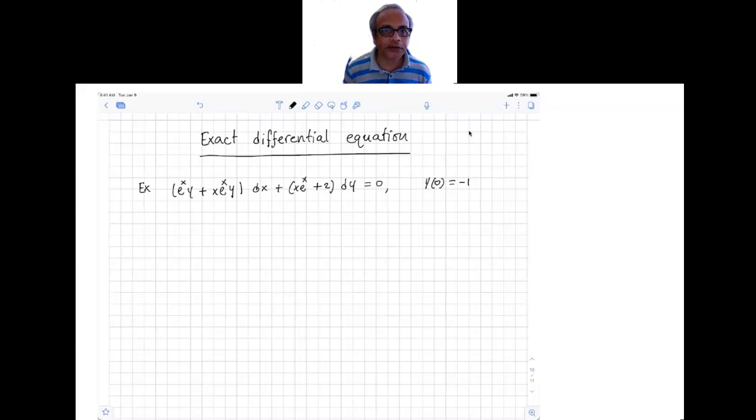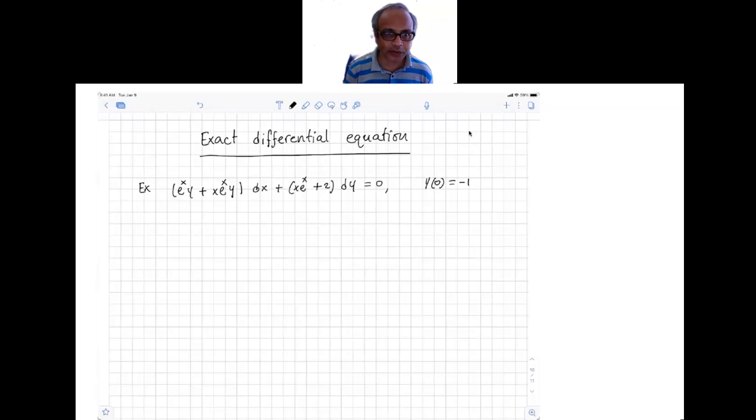In order to do that, first you identify what is the coefficient of dx and what is the coefficient of dy. You think of the equation as being written in the form of something times dx plus something times dy equals 0.